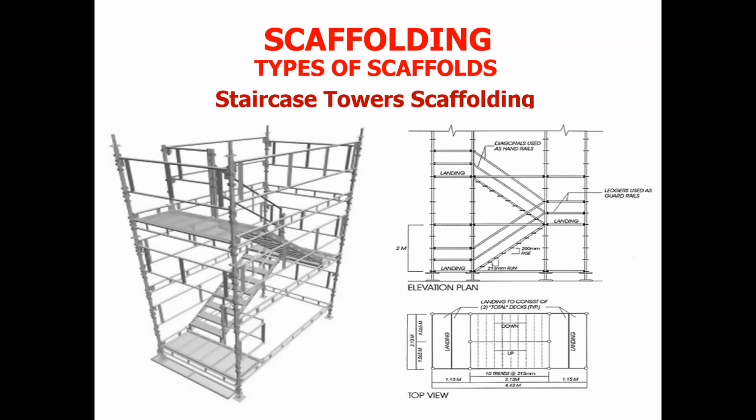While workers can stay on a staircase tower scaffold to work, it can also be used as a means of vertical circulation from one level of the building to another level of the building.